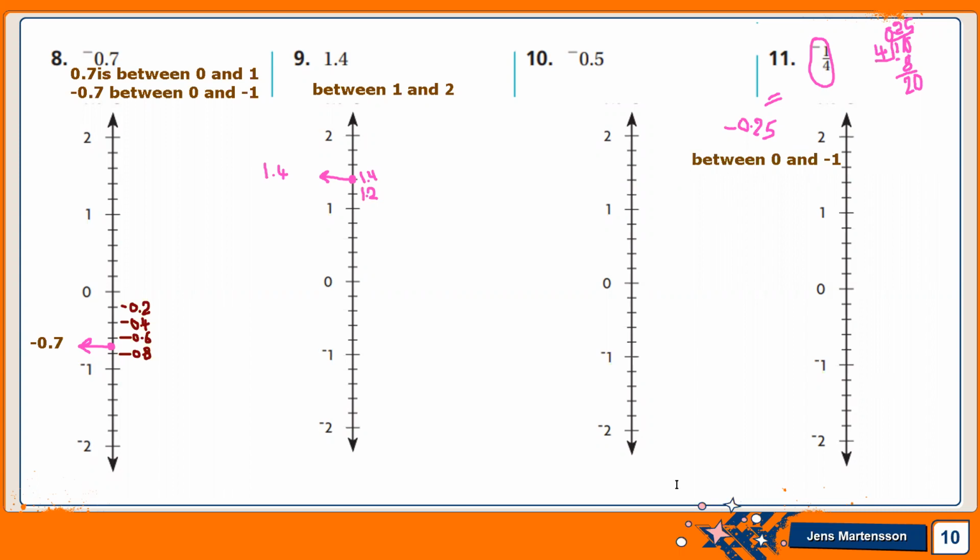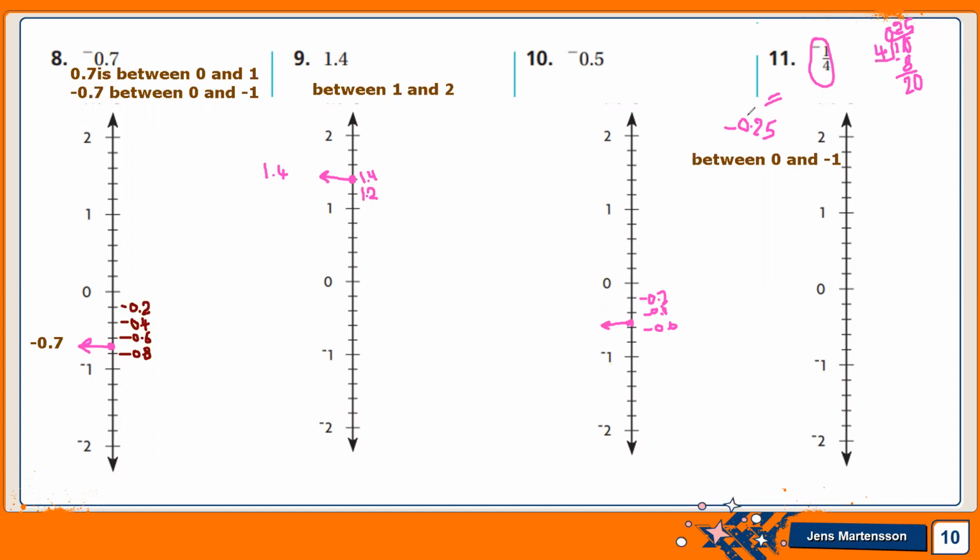Teacher, what's the solving of question 10? Question 10, it will be here. Here it's negative 0.2. Here it's negative 0.4. It's between 0 and minus 1. So it will be somewhere here.